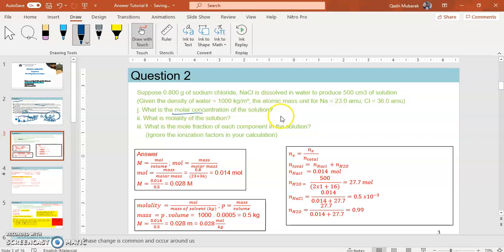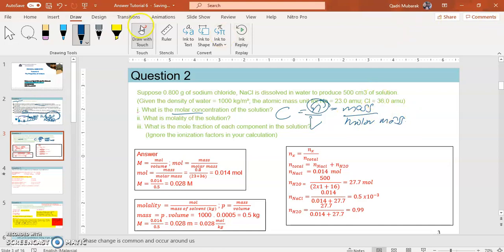Concentration is equal to n over V. n stands for mole, V stands for volume, and for n we have another formula, where mole is equal to the mass of a component divided by its molar mass.